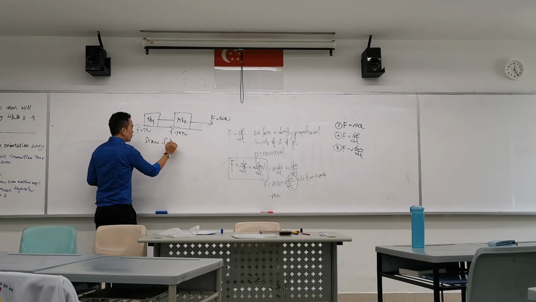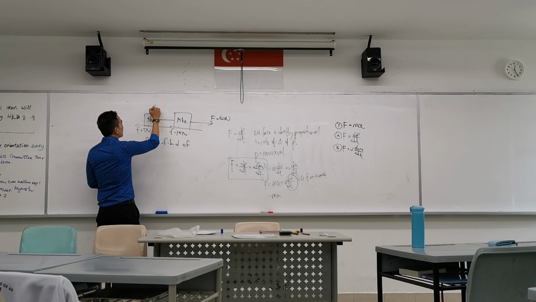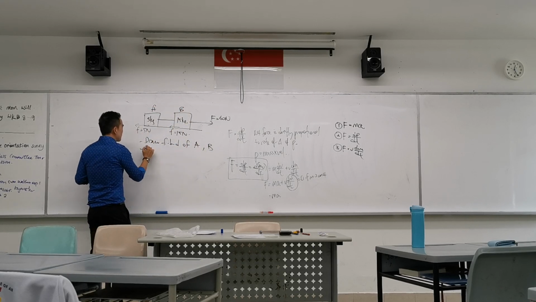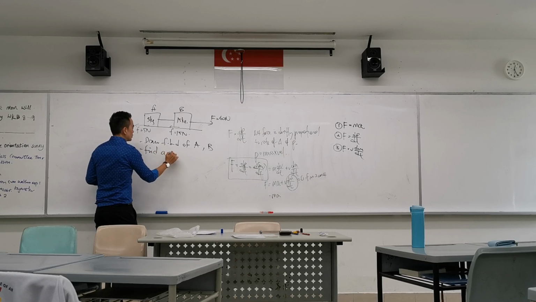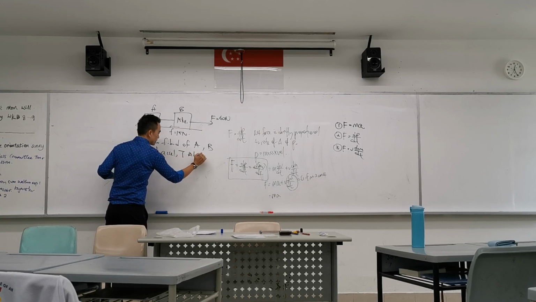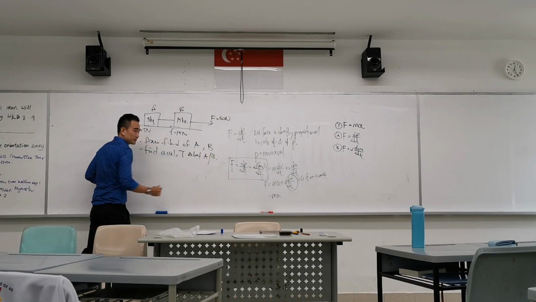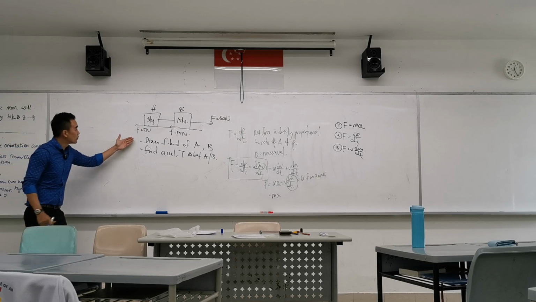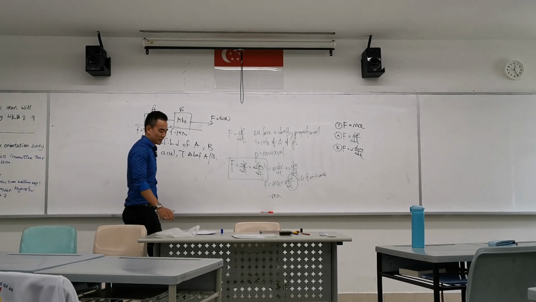Draw the free body diagram of A and B, and then find the acceleration and the tension between A and B. Give it a try. I'd like you to do the free body diagram of A and B first. Give it a shot.